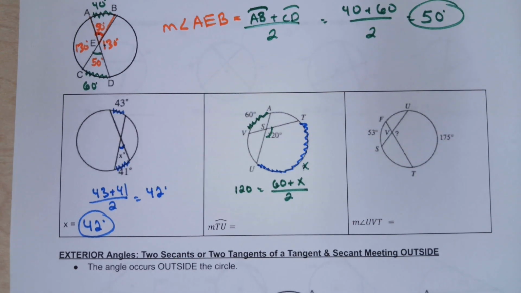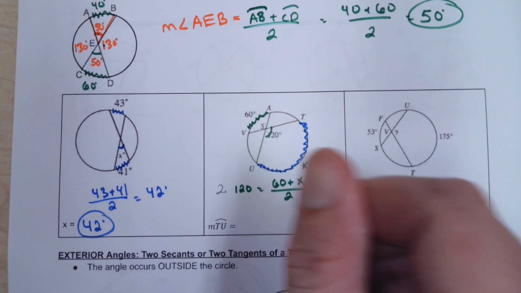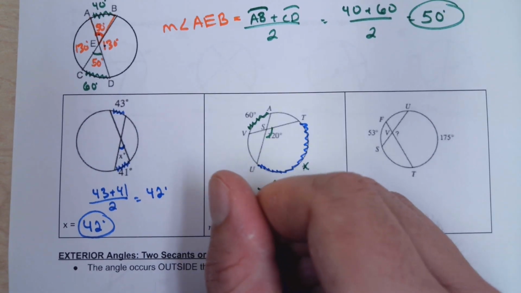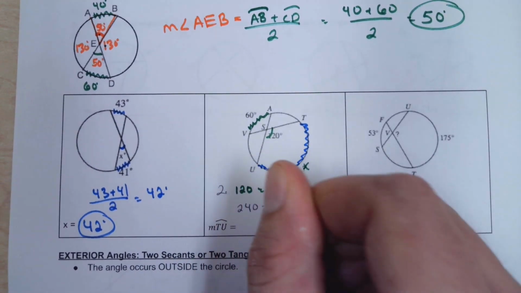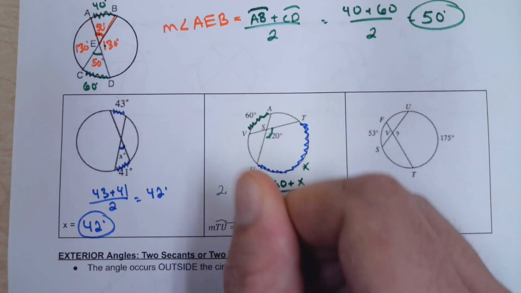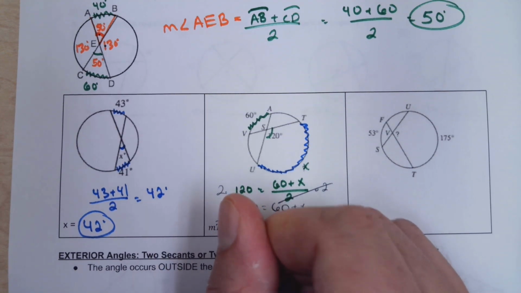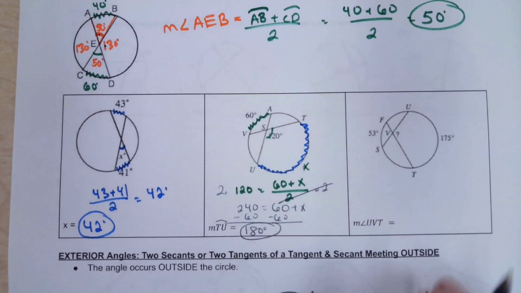So I have to do a little calculating: times 2 on both sides. So I get 240 is equal to 60 plus X. Subtract the 60. 240 minus 60 is 180. So my answer is 180 degrees.